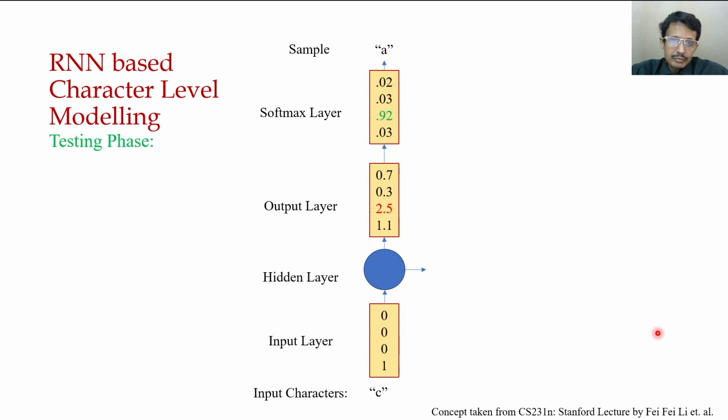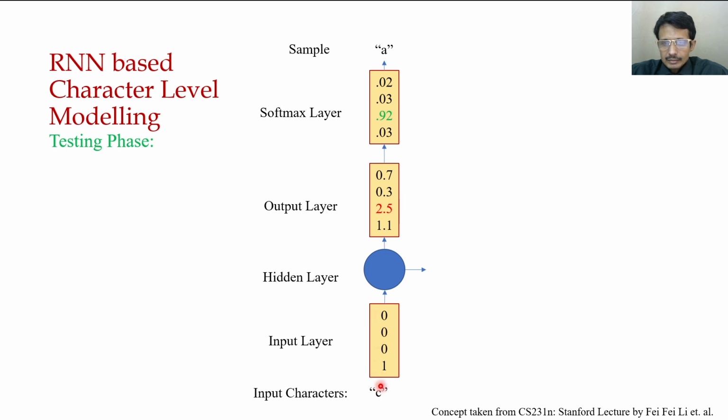Now in the testing phase we have a similar architecture. Here you can see that this input character is C, with the one-hot encoding. As our normal hidden layer is there, the hidden layer is the RNN state. Now this is our output, and if we put a softmax on the output, we get this sample.